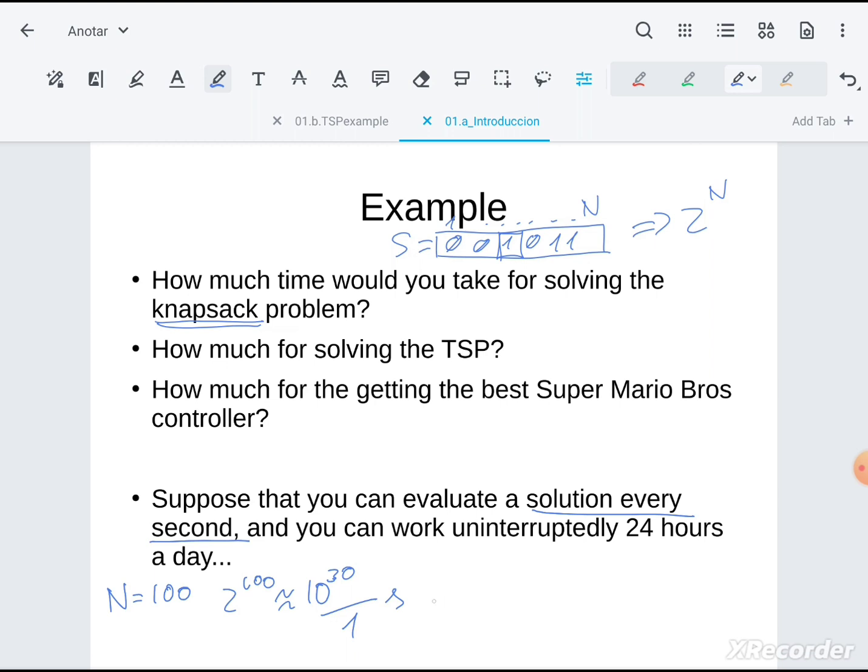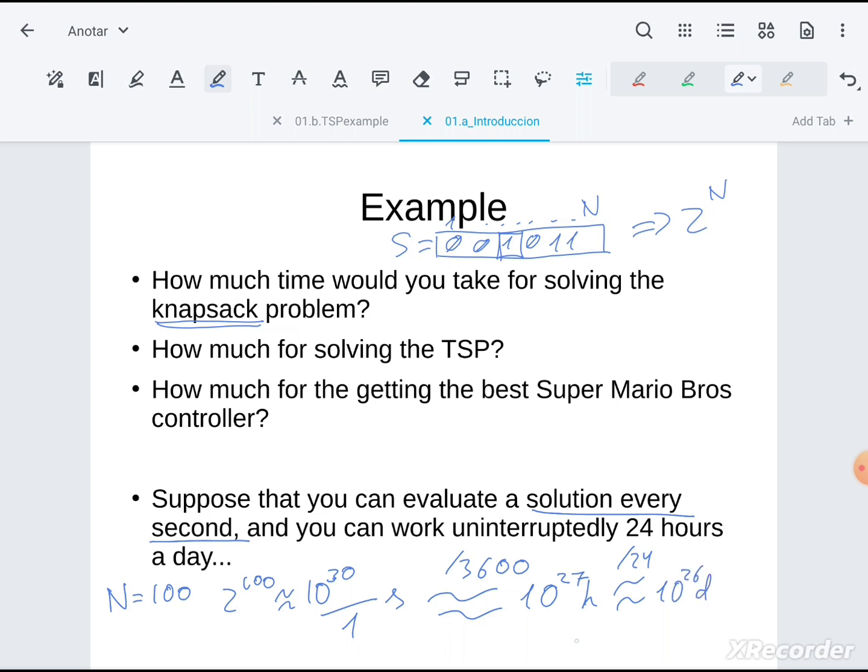If you divide by 3,600, you will have something like 10 to the 27 hours.